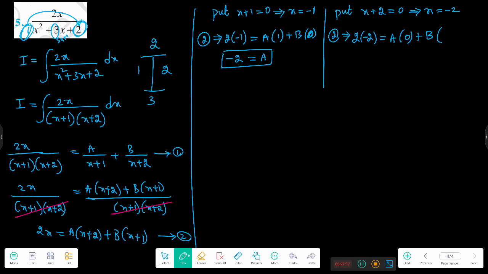So minus 2 plus 1, what am I getting? Minus 1. So 2 into minus 2 is minus 4, which is equal to minus b. Minus minus cancels, b value is 4.